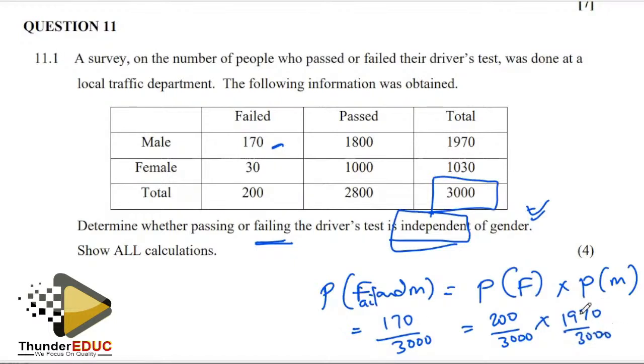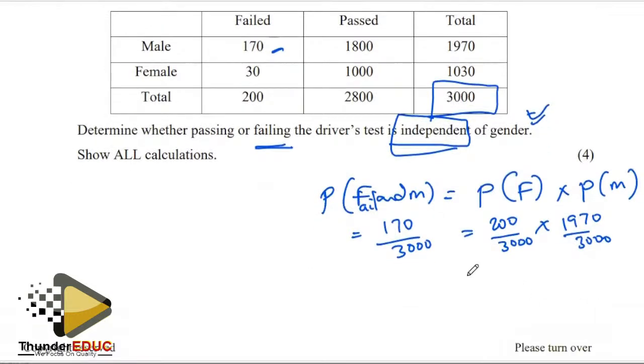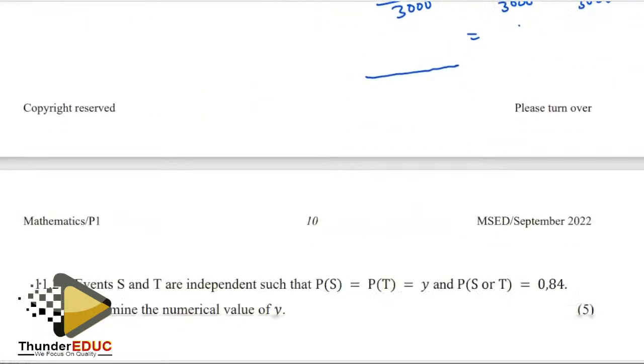So you check the answers. Please do not transpose anything. You are proving what is on the left and what is on the right. Get the answer here. We normally prefer decimals, at least to 4 or 5 decimal places. Same with the right-hand side. If you see that the answers are the same to at least 4 decimals, then they are independent. If they are not, then the events are dependent.